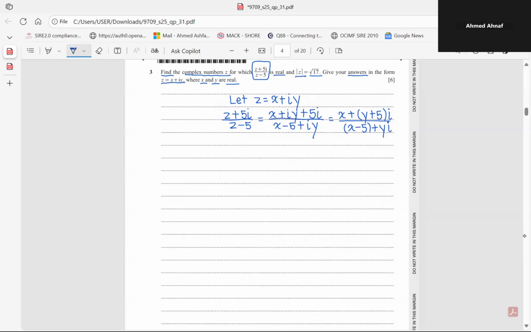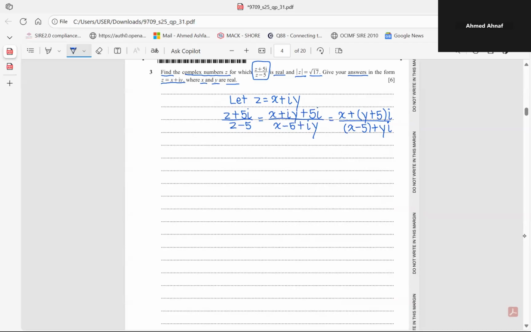If you have a complex number like this, we have to multiply the denominator by the conjugate of itself so that the denominator becomes real, and then we can make it into a single complex number.